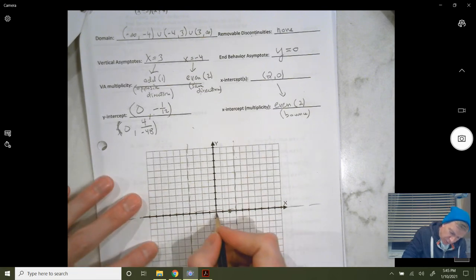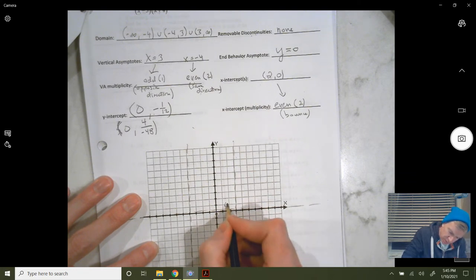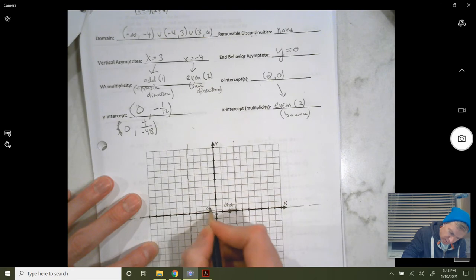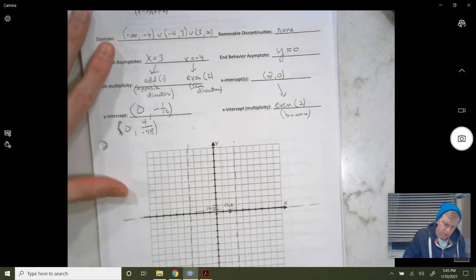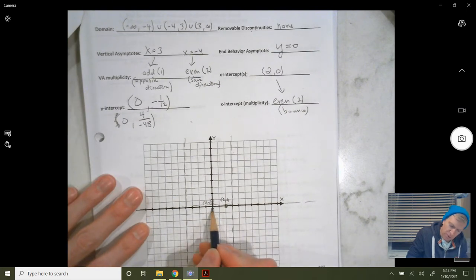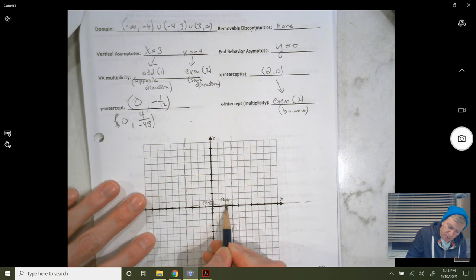Y-intercept is (0, negative 1/12). So we know we're going to go through these two points, and this is the only place you hit the x-axis.